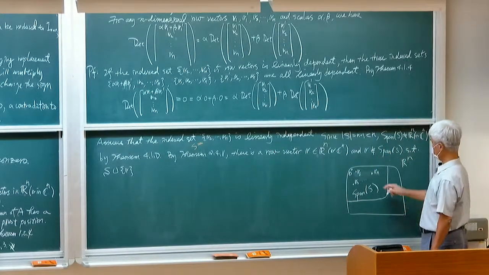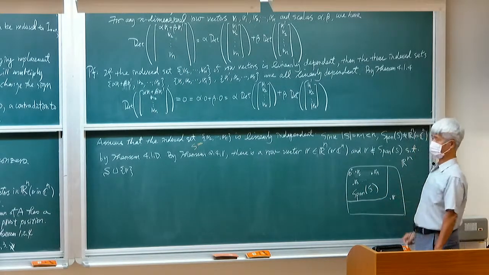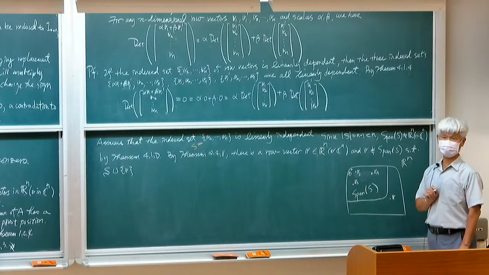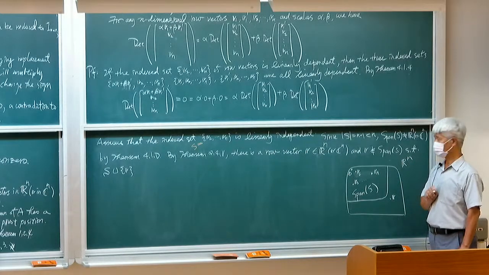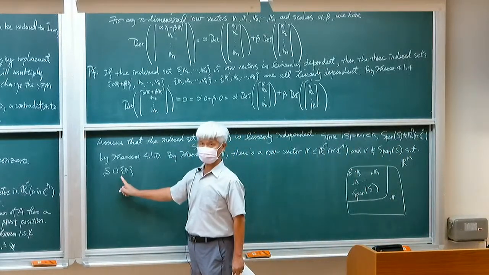Okay. And this spanning set is not equal to Rn, so we can find another vector R outside of the span of X, right? So that the new set is still linearly independent.